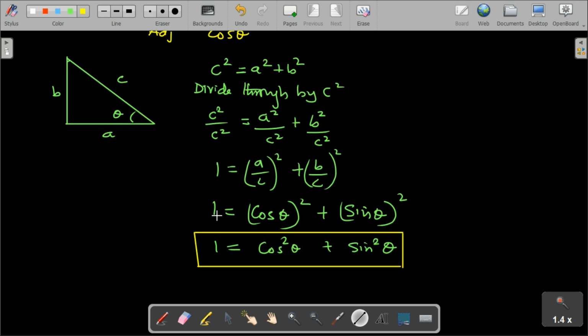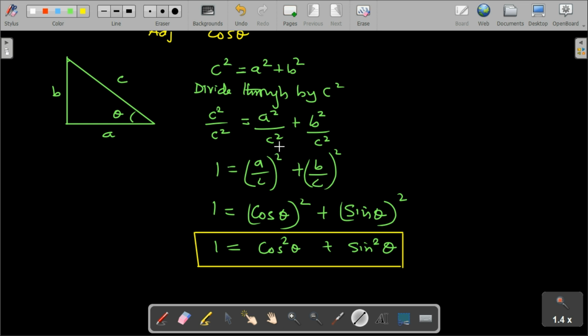Also, what if we have divided through by another letter? Instead of dividing through by C, what if we have divided through by another letter? Are we going to get anything? Now let's try that. Let's assume we have divided through by A squared.